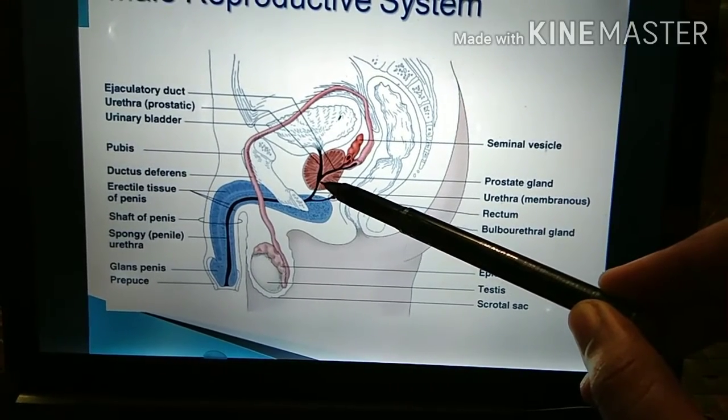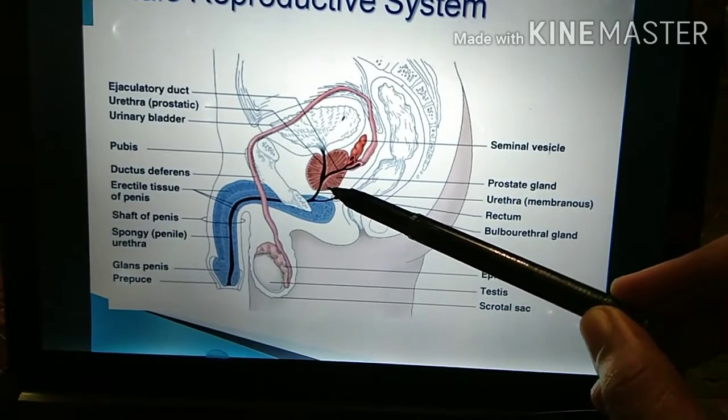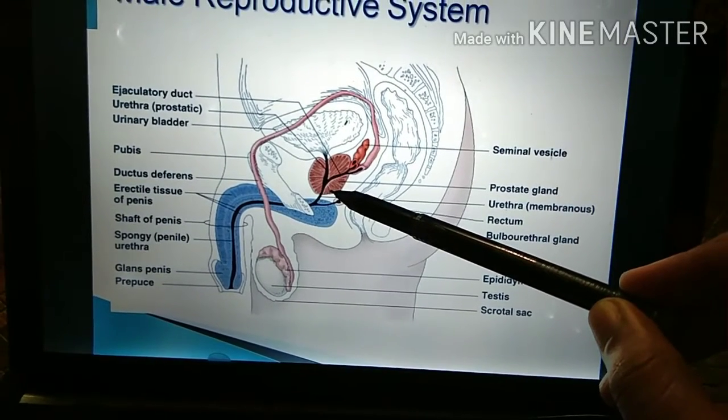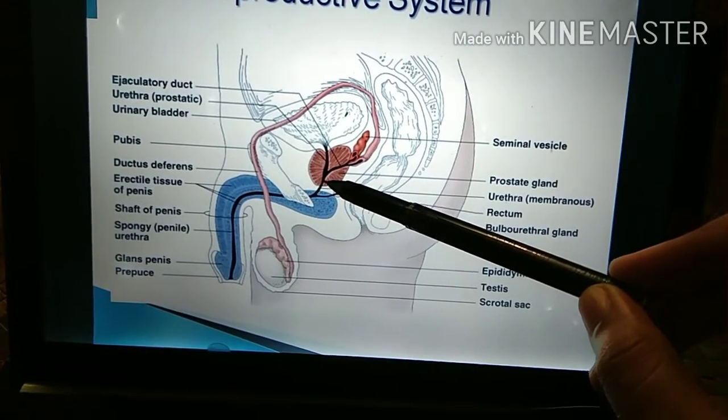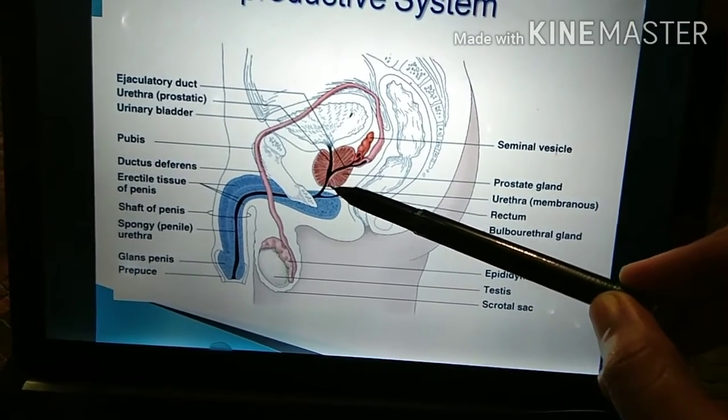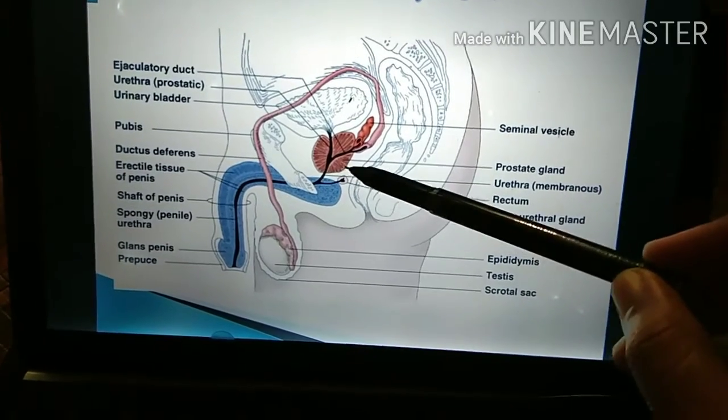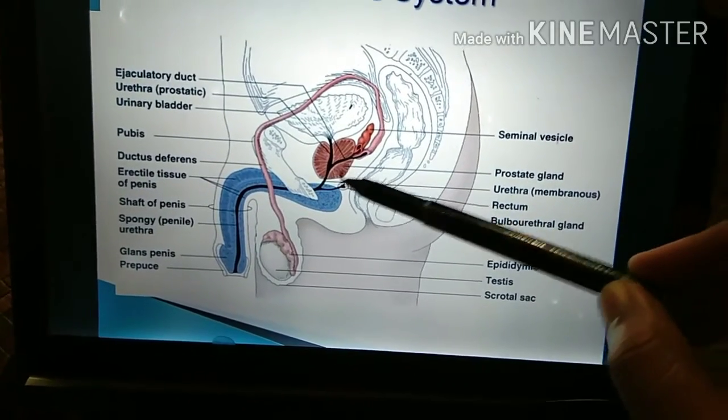Prostate fluids also help to nourish the sperm. The urethra, which carries the ejaculate to be expelled during orgasm, runs through the center of the prostate gland.